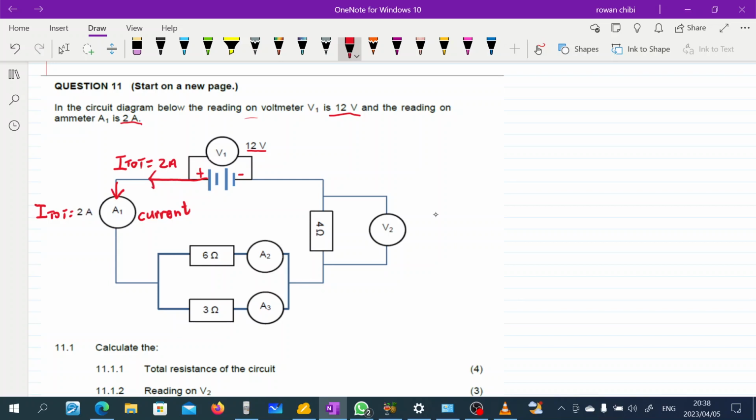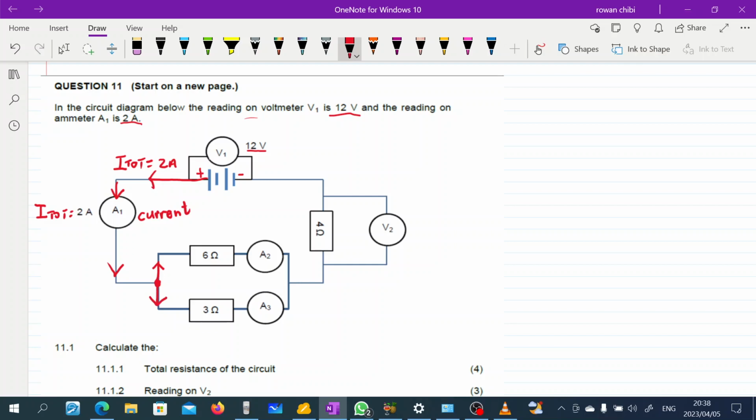And then that current goes down, and when it comes to the junction, what happens? It splits. Part of that current goes to the 6 ohm, another part goes to the 3 ohm.